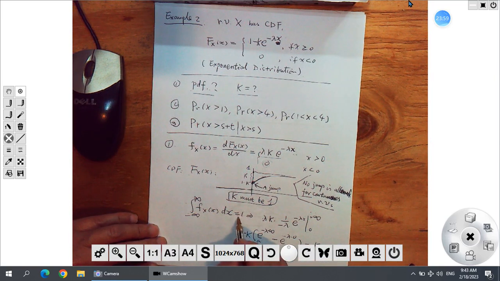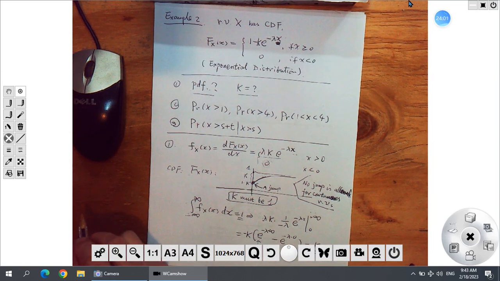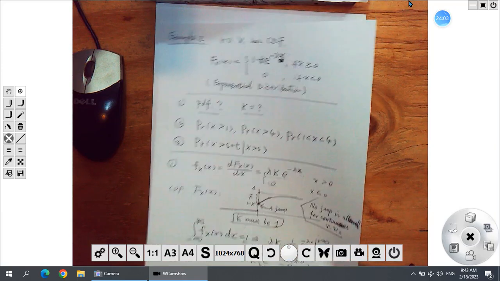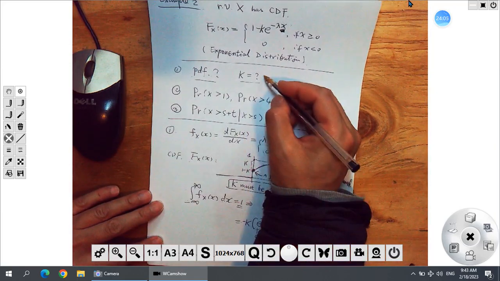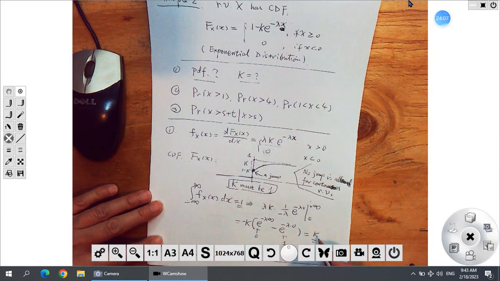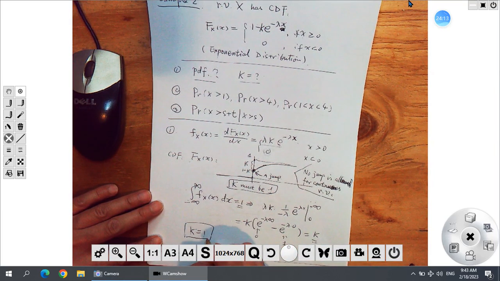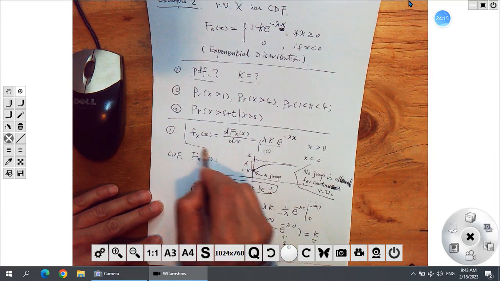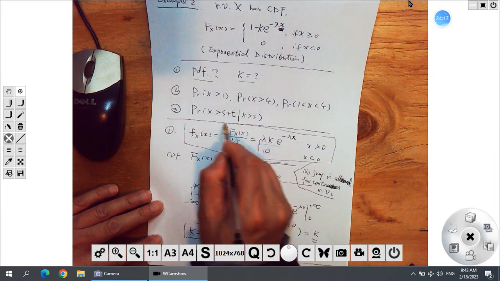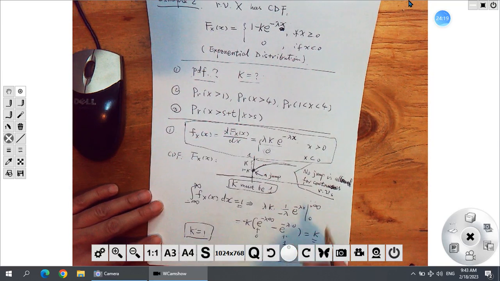So k is 1. Same thing. So k is 1, and the PDF is this one.